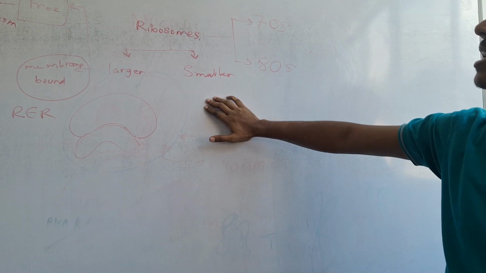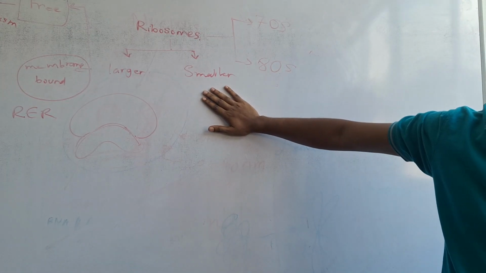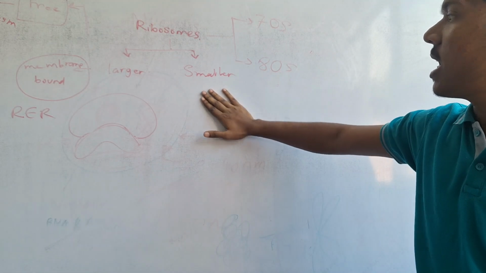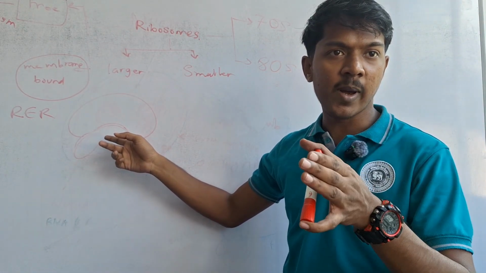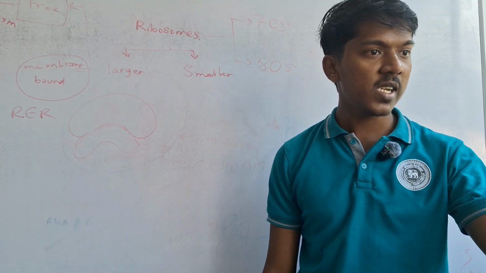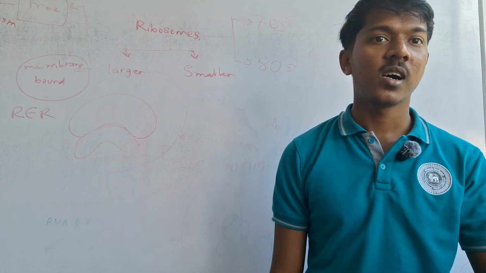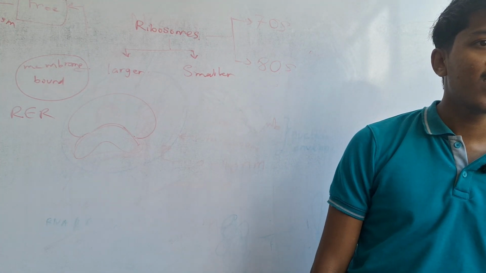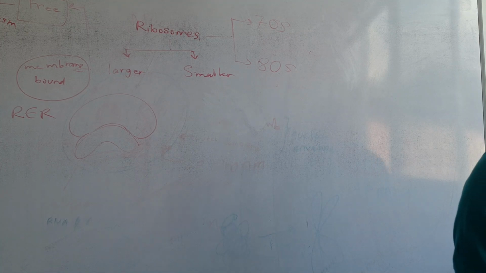What is the main function of ribosome? Protein synthesis. Ribosomes are formed from the nucleolus, because ribosomal subunits are created by it.